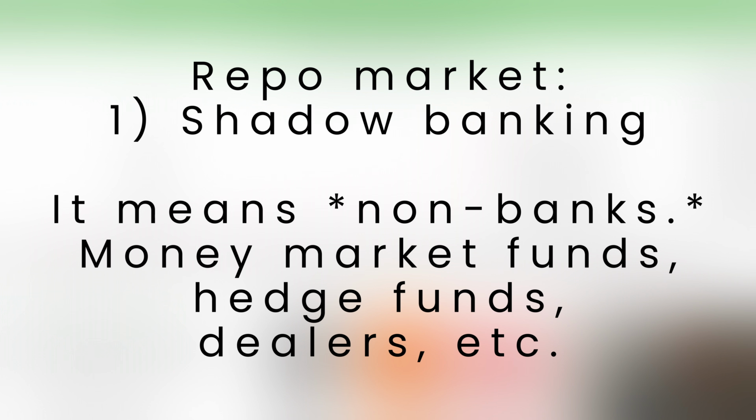Primarily, the repo market is comprised of money market funds, hedge funds, broker-dealers, and even subsidiaries or different legal entities of banks/investment banks. They have traditionally not been privy to central bank liquidity. That is, they don't have the right to lender of last resort central bank money until recently, and we will talk about that.